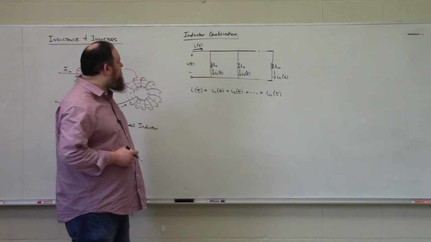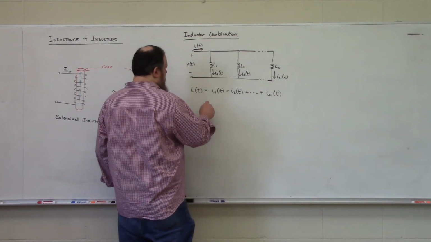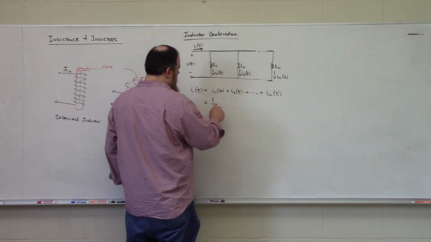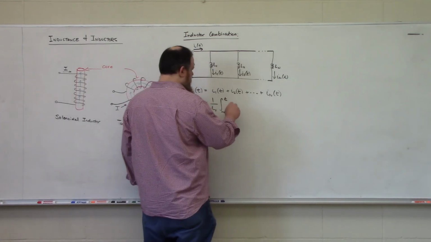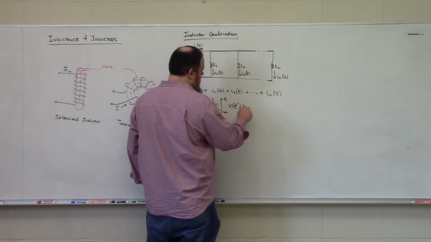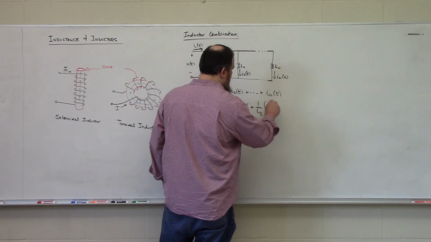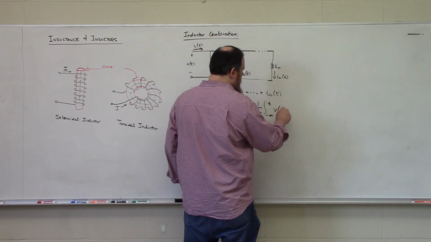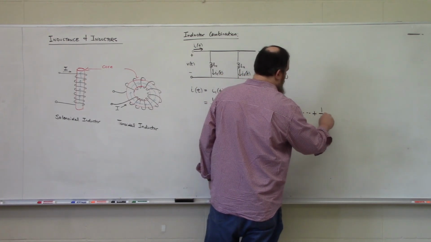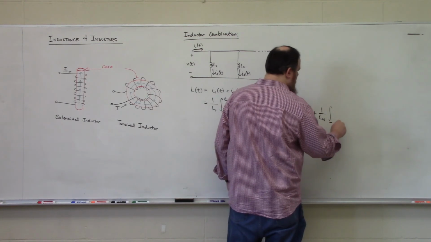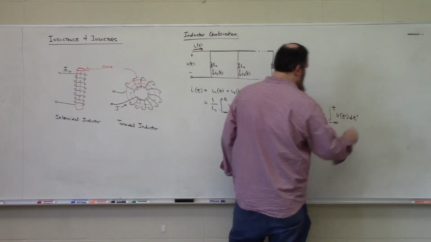where we can express all of those inductor currents in terms of this common parallel voltage V of t. So this will be 1 over L1, the integral from negative infinity to t, V of t prime dt prime plus 1 over L2, integral from negative infinity to t, V of t prime dt prime plus 1 over Ln, integral from negative infinity to t, V of t prime dt prime.